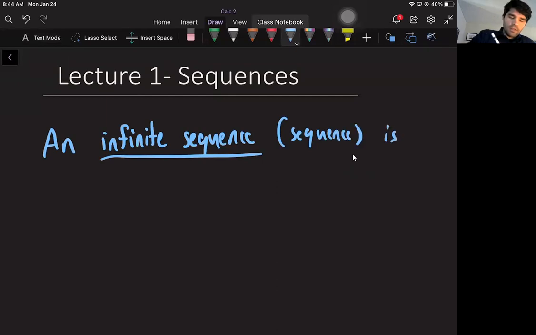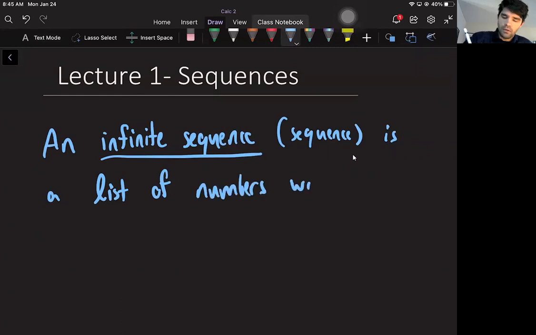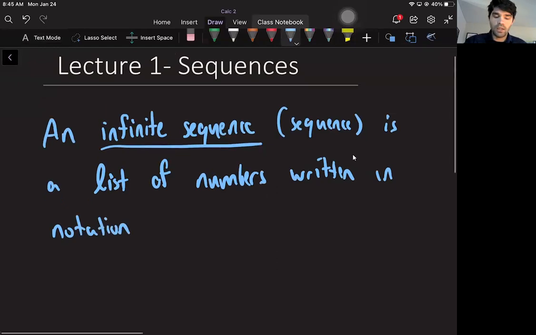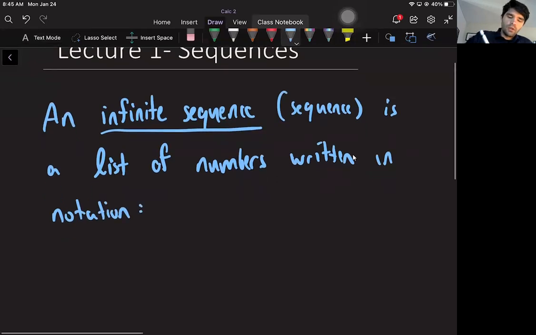It's just a list of numbers written in this notation. I guess I should say an infinite list of numbers.